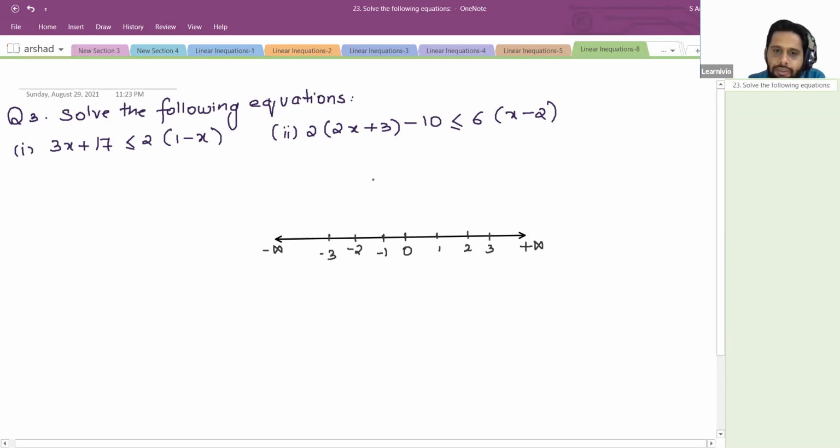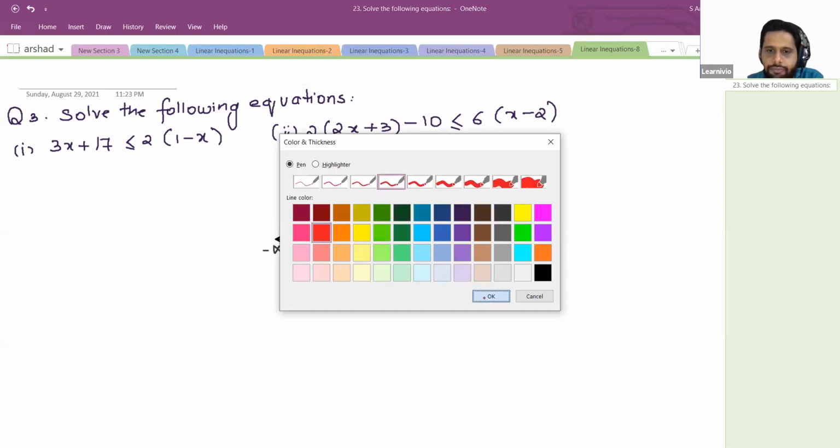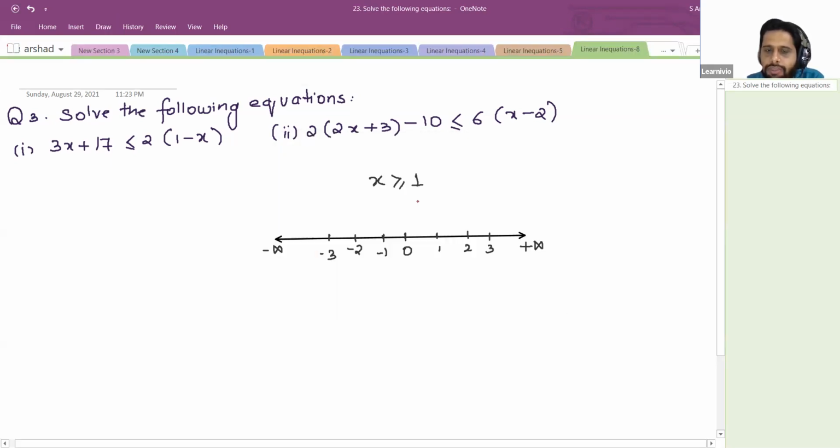So, for example, if we have any inequation and we solve that and we get x is greater than or equal to 1, and we need to represent this solution on the number line, then how can we do that? x is greater than or equal to 1 means the solution from 1 to infinite is our answer.